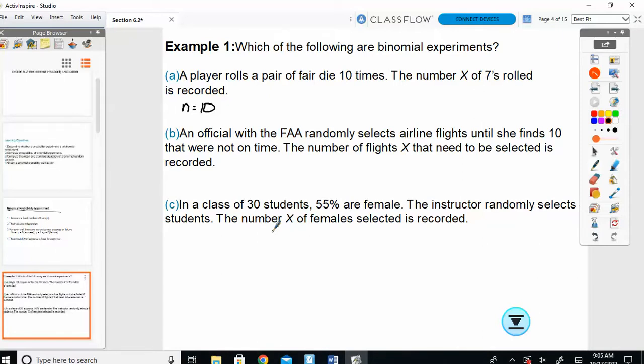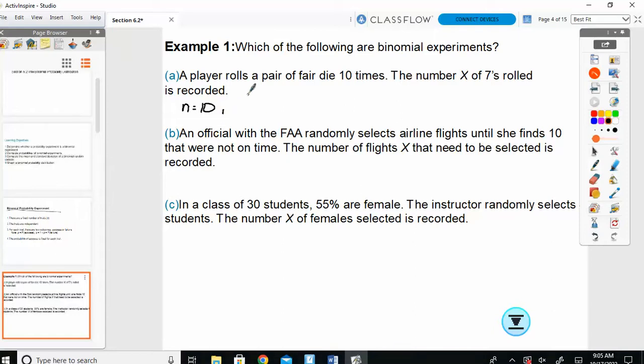So that's good. Each time there have to be 2 outcomes, success or failure. What are my 2 outcomes here? Yeah, 7 or not a 7. So we have 2 different outcomes. Is the probability of success the same every time? So every time I roll, do I have the same chance of rolling a 7?